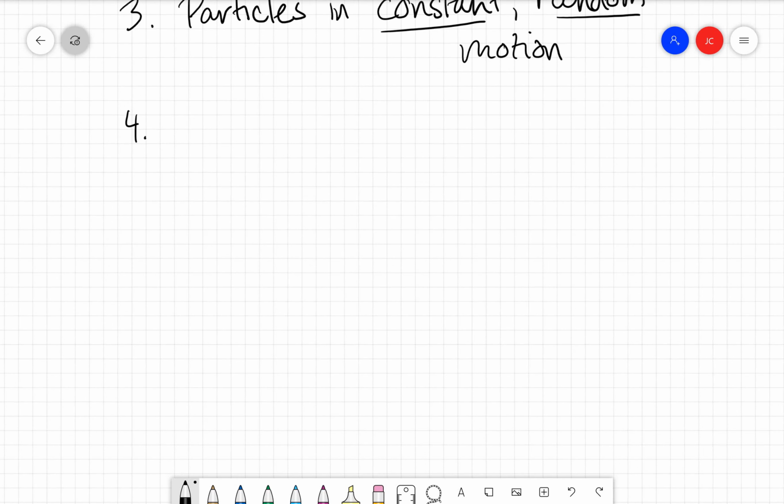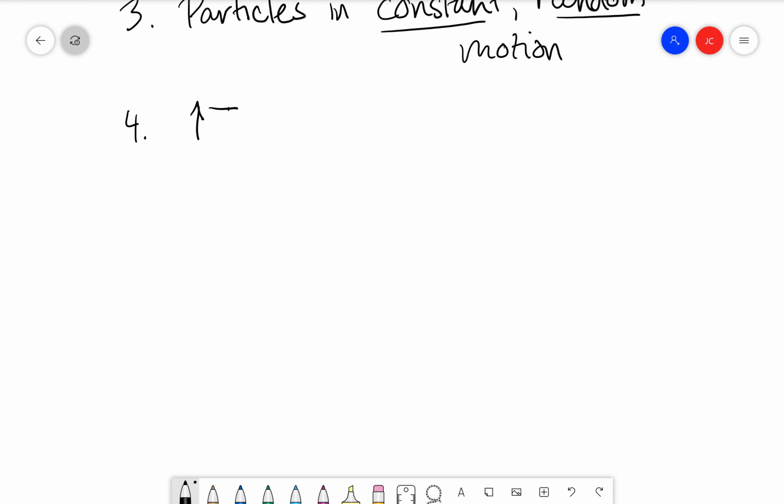Section 4 says that higher temperature equals faster movement. The higher the temperature of a material, the faster the particles in that material move. If you have a red-hot piece of metal, the particles in that are zipping around really fast compared to if that metal is cooled and left and it's quite cold.